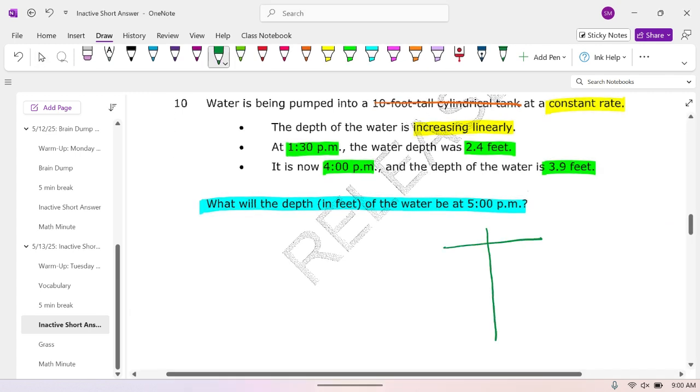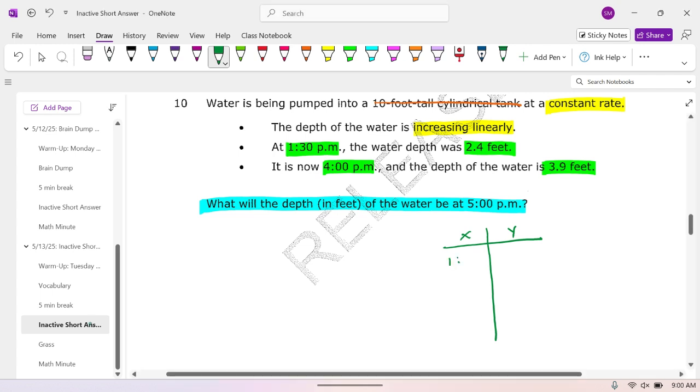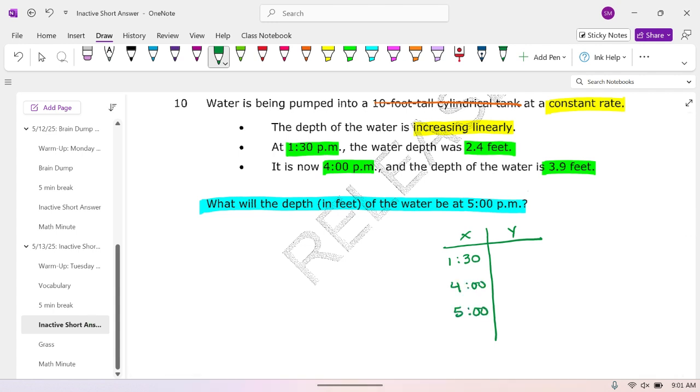Now, what do you think my x and y values are? There's two different things. We have time and we have feet. What do you think my x is going to be, time or feet? Time. So I'm going to write in 1:30, 4 o'clock, and then 5 o'clock. And then y would be my feet. So with 1:30, we had 2.4, 3.9.